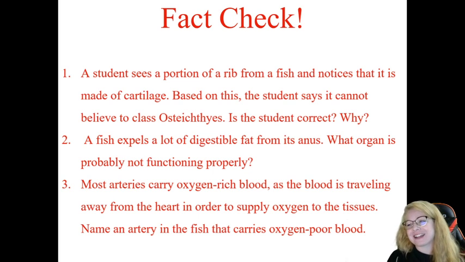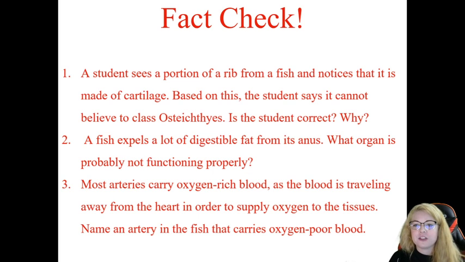Is the student correct? Why? So the student is wrong. It can belong to this particular class because bony fish have some cartilaginous parts, although most of their bones are calcified or hardened. But there are a few places, including the ribs, that are more cartilaginous than they are calcified. So it can, in fact, still belong to this class.